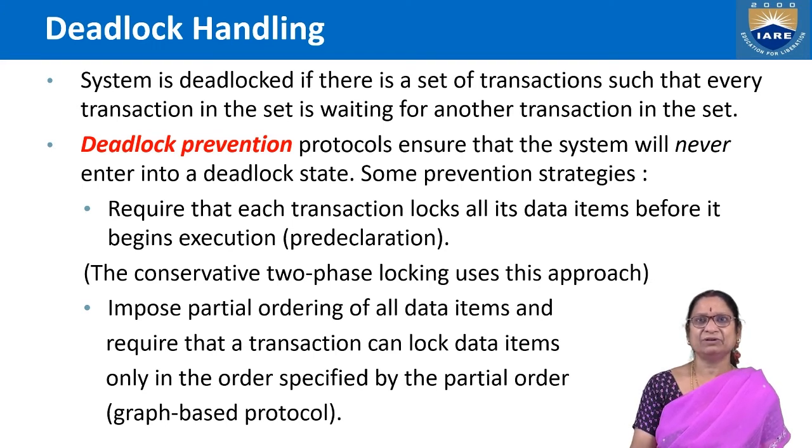One may be waiting for another, another, another, in a cyclic process, till the last one waits for the first one to get completed, which never happens. So the concurrency control manager component will take care of or handle that situation.